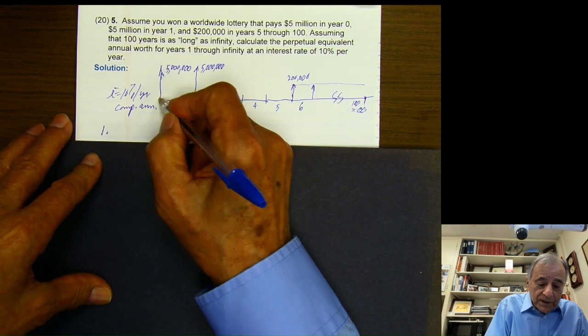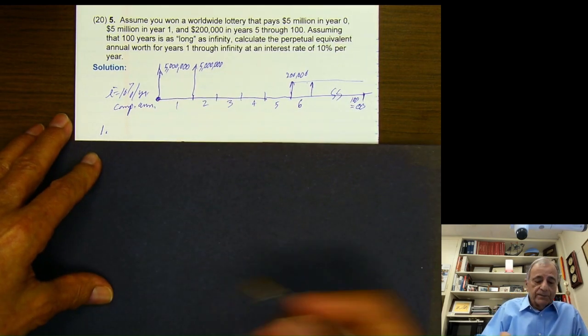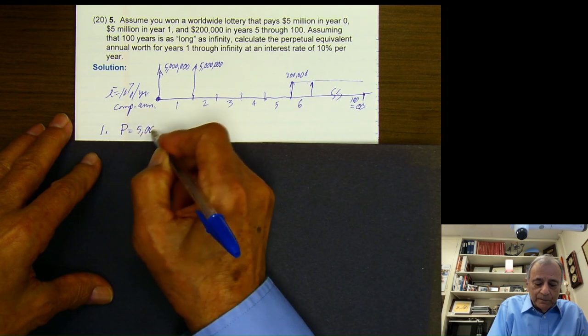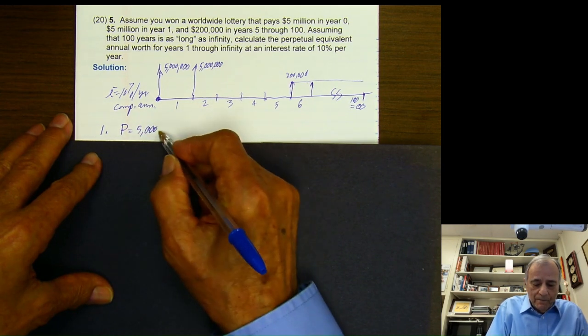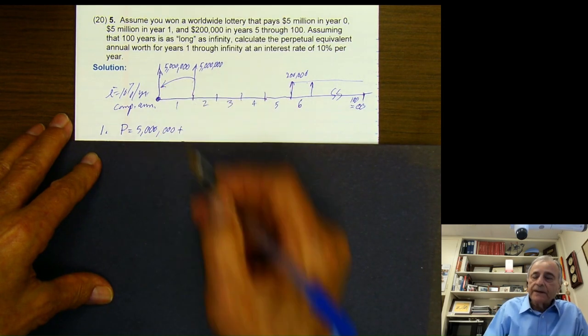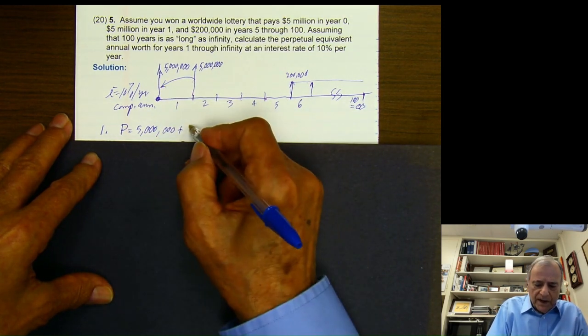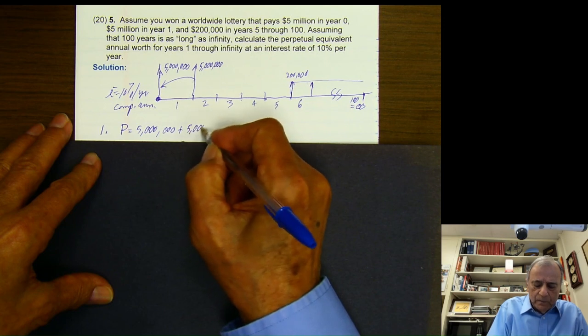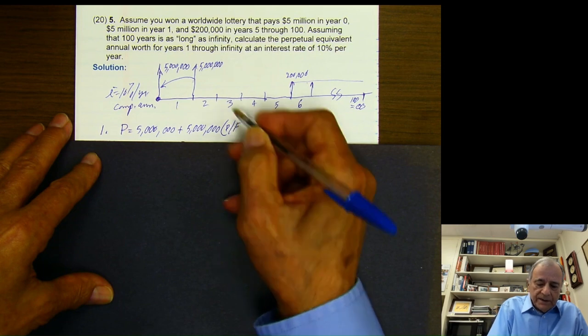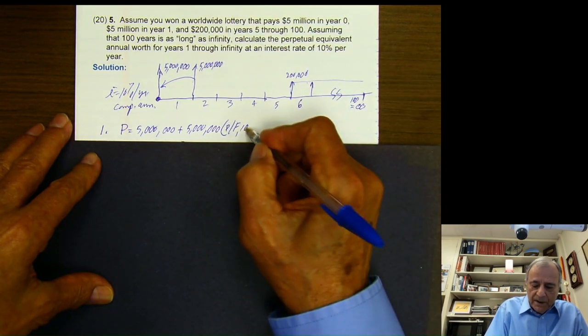Okay, so let's get the present worth first. The present worth at time 0, in fact, that's the present. So that's equal to 5 million plus, I have to bring this 5 million back to time 0. So that would be 5 million P given F, that's a single payment out there, 10% for 1 year.